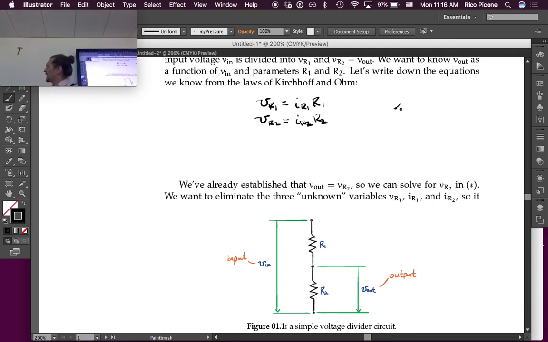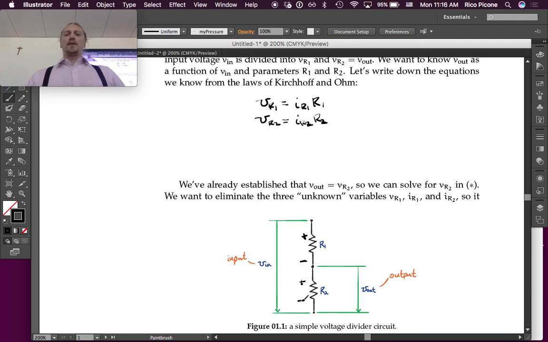So looking at Kirchhoff's voltage law, what we really want to know from it is how to write... Well, we've already written that Vout is equal to VR2, which kind of used Kirchhoff's voltage law in a really limited sense. Really, when we use Kirchhoff's voltage law, we should put signs on, right? So plus, minus, plus, minus.